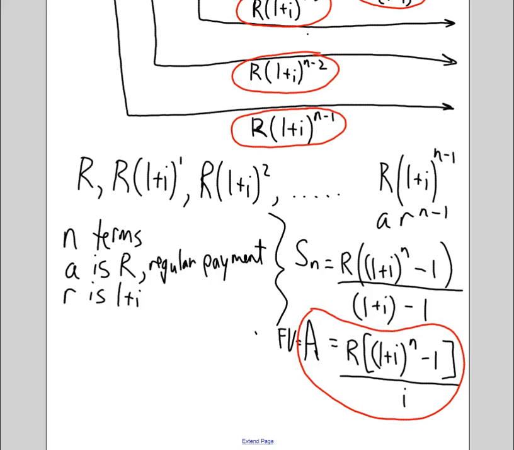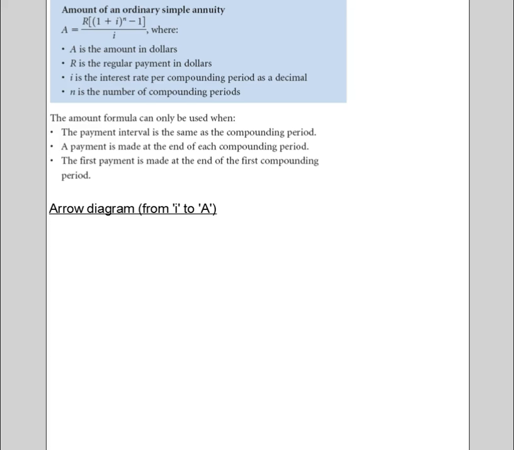Over on the next slide here, I have this shown, and you can copy out the specifics, but they've been mentioned already. A is the amount in dollars, R is the regular payment in dollars, I is the interest rate per compounding period, or what we call the term interest rate, as a decimal, N is the number of compounding periods, and of course we only use this formula under those conditions.